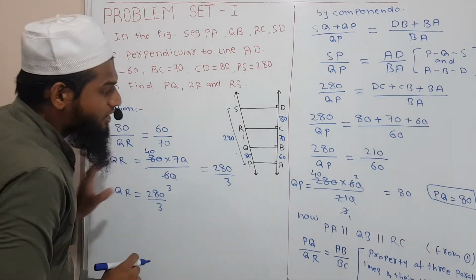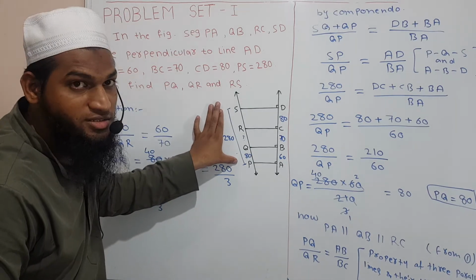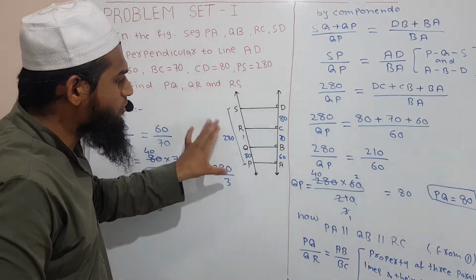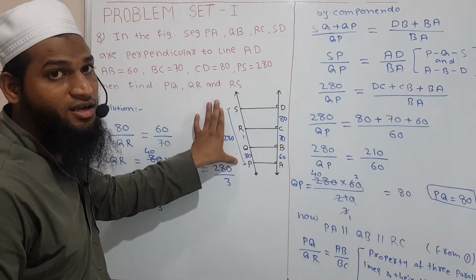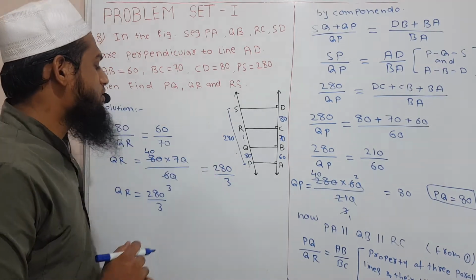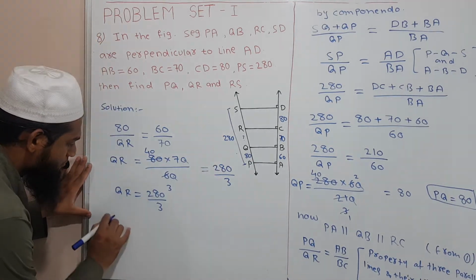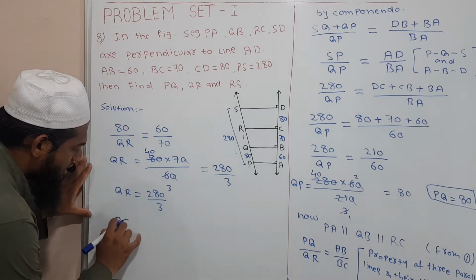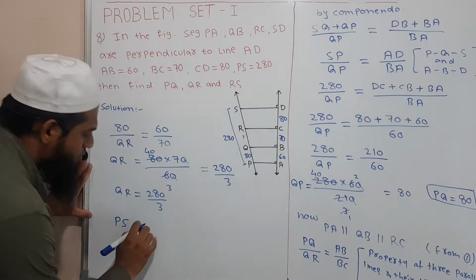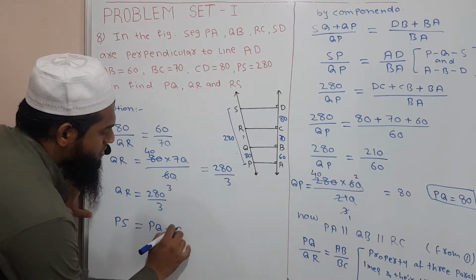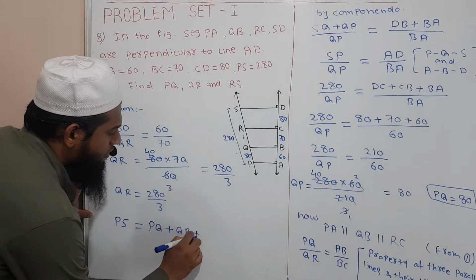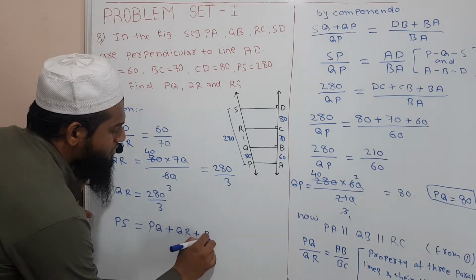So we are getting the value of QR, and we have to find the value of RS, and we know the value of PS. P, Q, R, S are points on the same line. So we can write PS is equal to PQ plus QR plus RS.